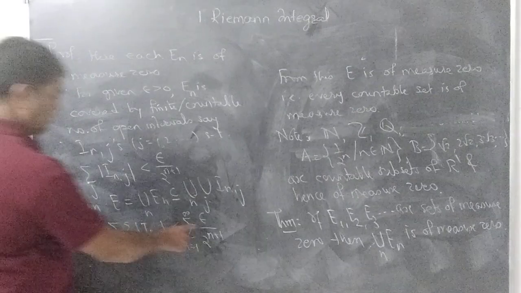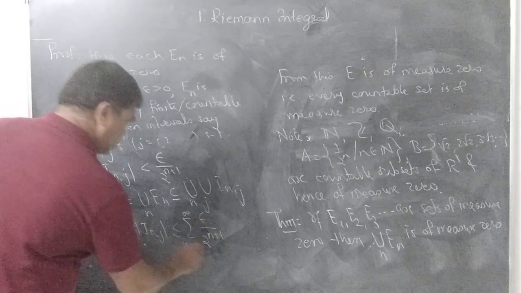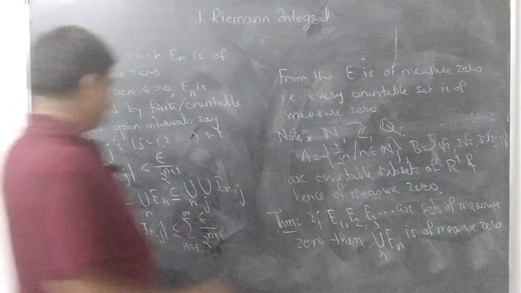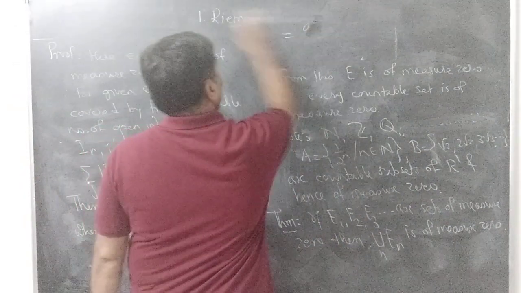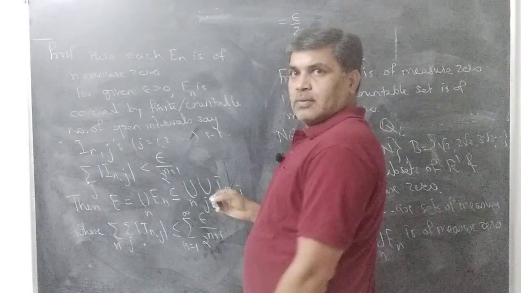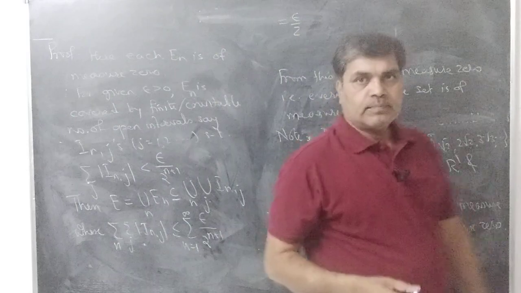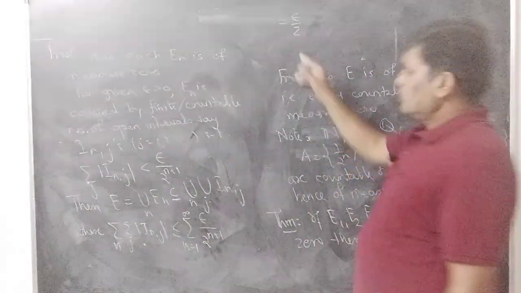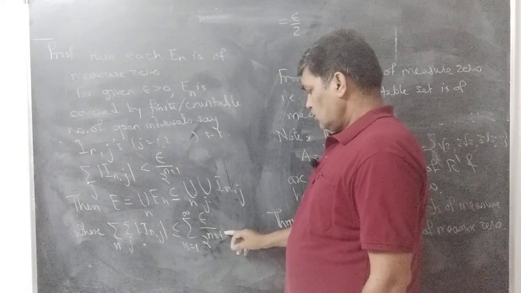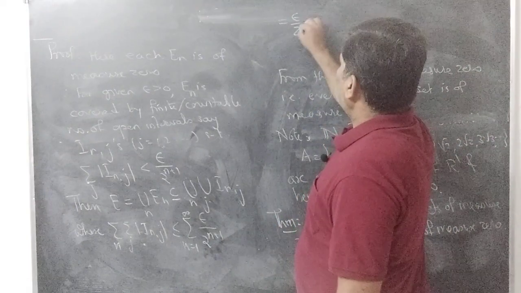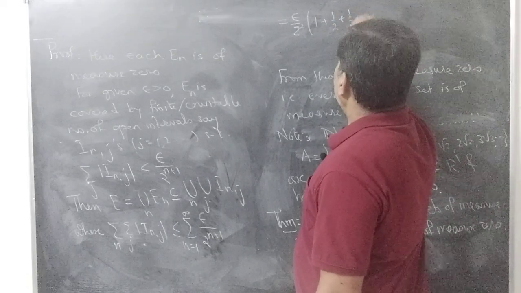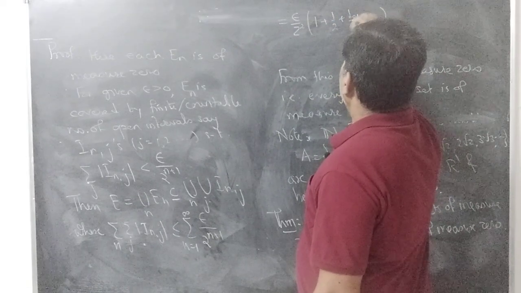Taking epsilon by 2 outside, this equals epsilon by 2 times 1 plus half plus half square and so on.